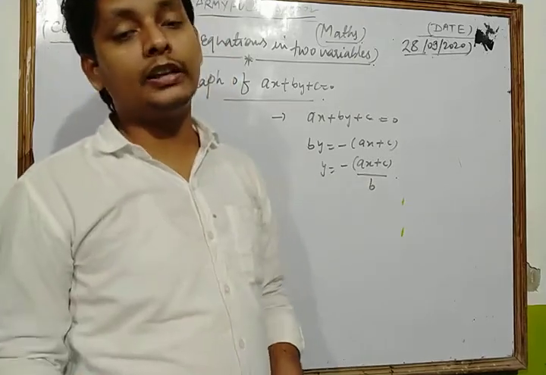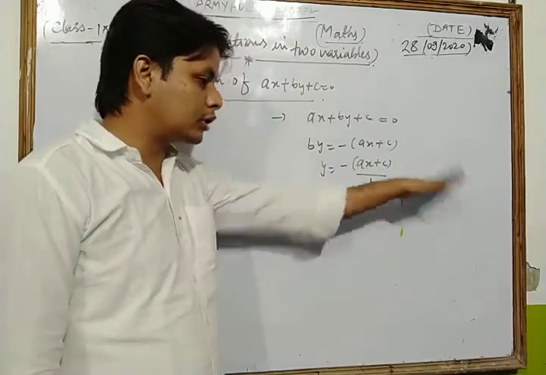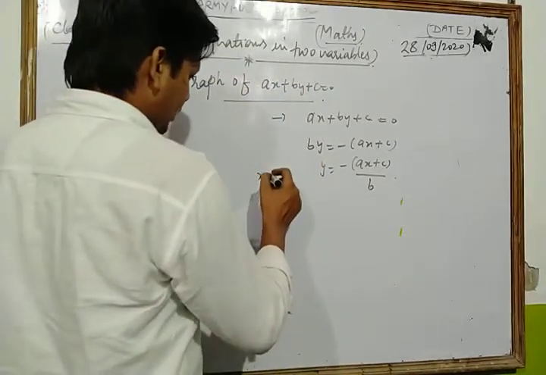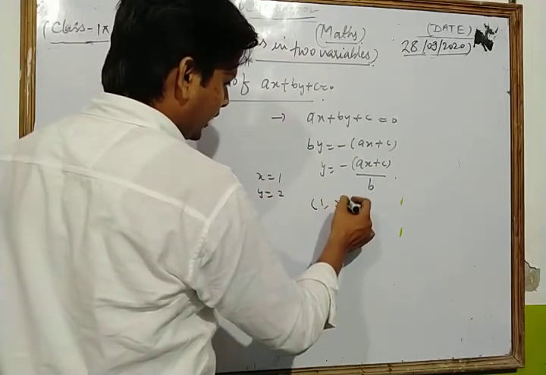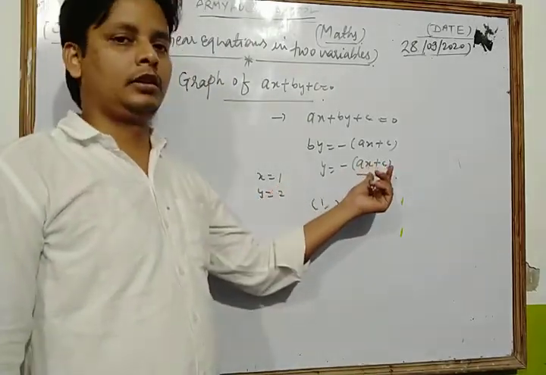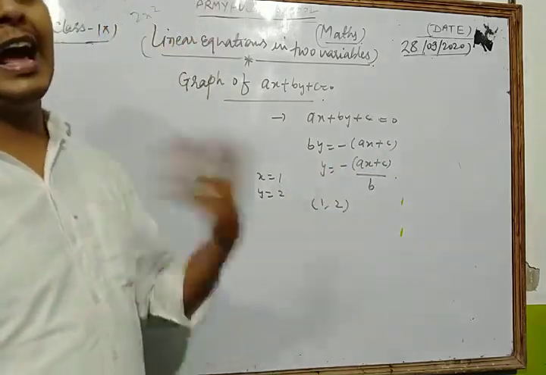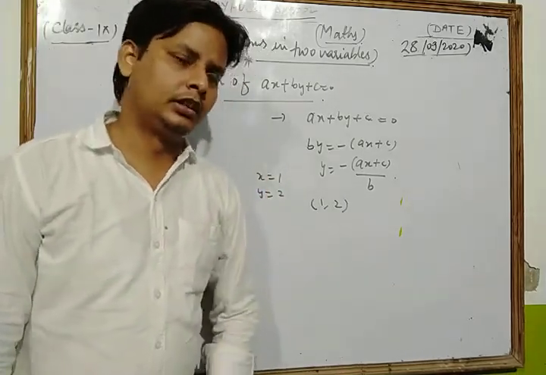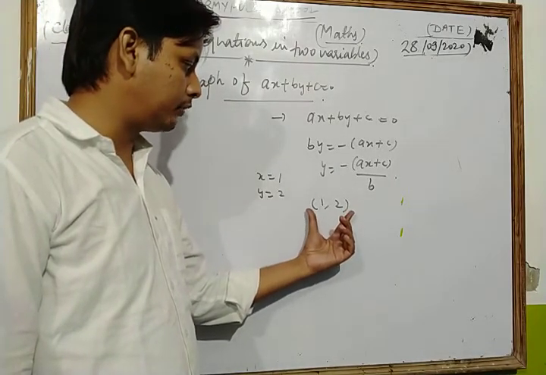Now then after, dear student, in the third step you choose any value of x and find the corresponding value of y. Suppose if we take the value of x as 1 and we get the corresponding value of y as 2, then one ordered pair we get is (1, 2).